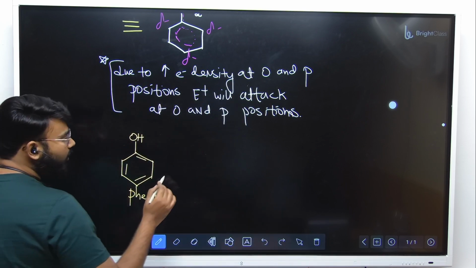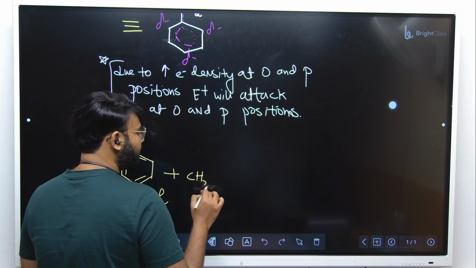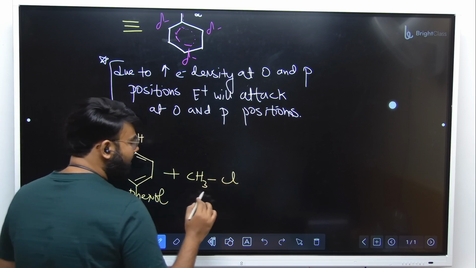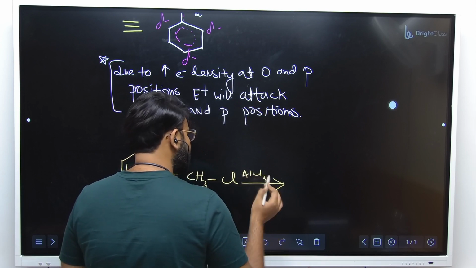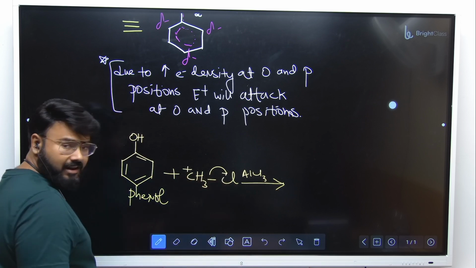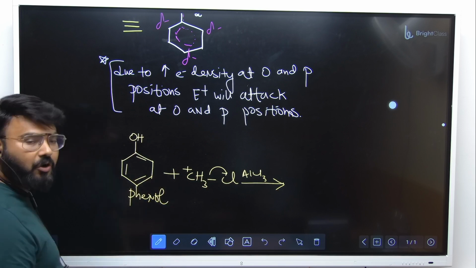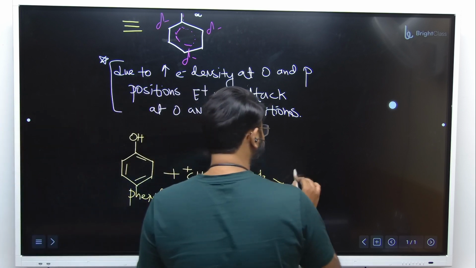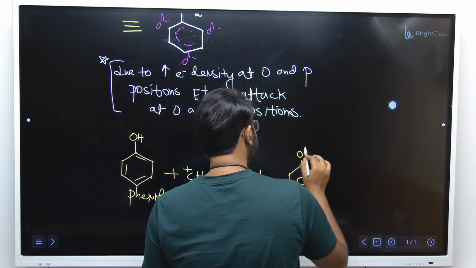In the phenol, let's assume we are carrying out a Friedel-Crafts alkylation with AlCl3. So we know what will happen. Cl will be removed, CH3 will be the electrophile. It will go at ortho and para. So what do we get here? Don't touch this OH.